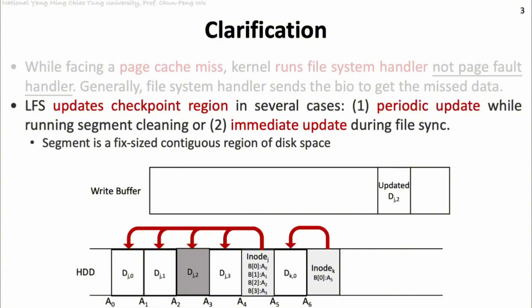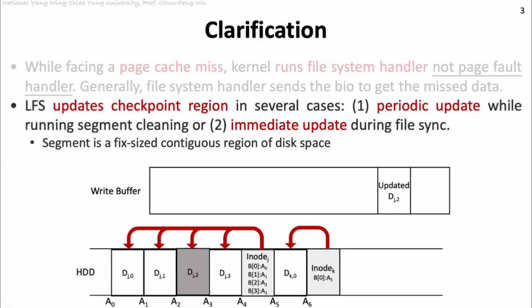So we only mark the data in the hard disk drive as invalid by using some data structure in the memory. If we are going to update this DJ2, it probably means we need to write the DJ2 to some other place.